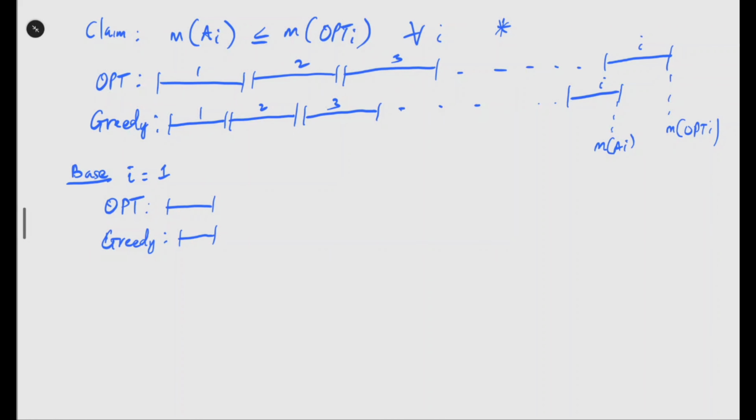So whether you use the optimal or the greedy strategy, it makes no difference because it's just one job. So our claim, this claim we have here, is still correct.